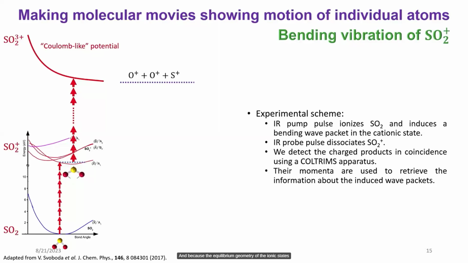Because the equilibrium geometry of the ionic state is different from the neutral, the bond length is similar but the angle is different, you will induce a bending motion of the molecule, so it vibrates like that. And after some time, we come in with the second pulse called the probe pulse, where we promote it into higher charge states, and then it will dissociate into O+ and S+, and we detect these fragments in our detector and try to retrieve the information about the induced wave packet here.